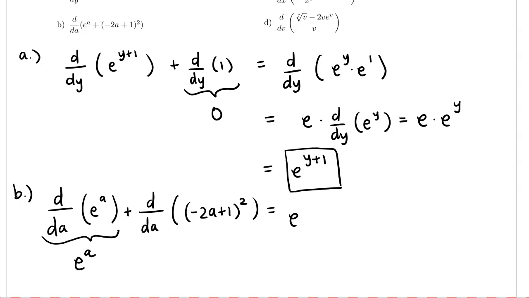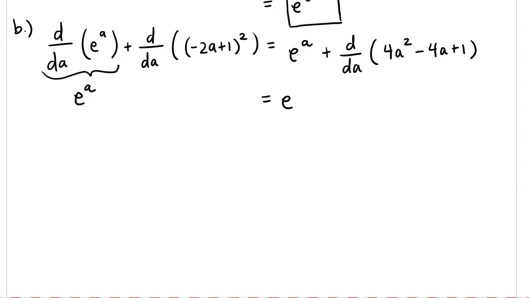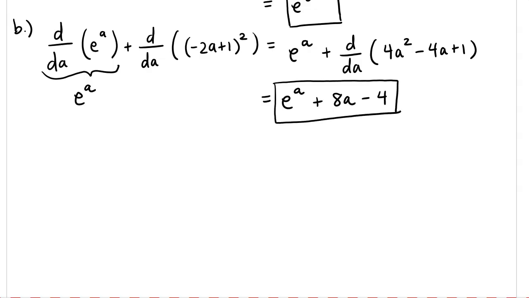So altogether, we will have e to the power of a plus the derivative with respect to a of, if I multiply this out, that's going to give me 4a squared minus 4a plus 1. And now I can take the derivative of each of those terms individually by using the power rule. That will give us e to the power of a plus 8 times a minus 4. And then the derivative of 1 is 0, so we are done here.